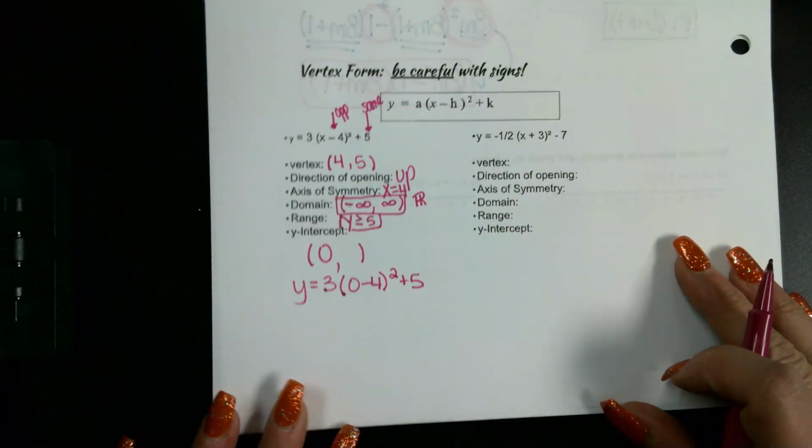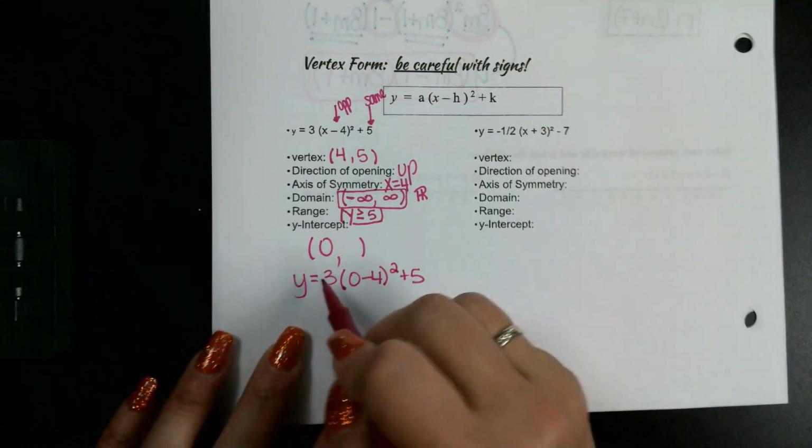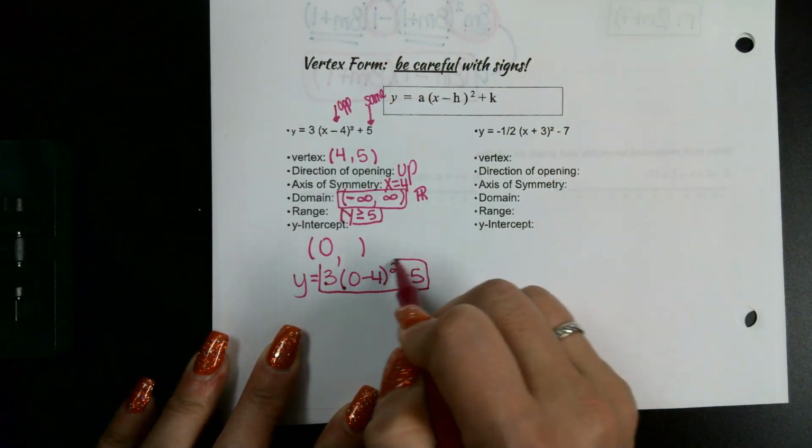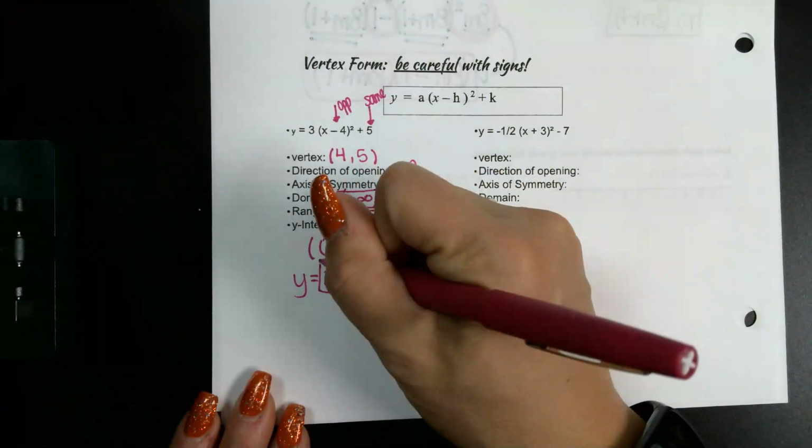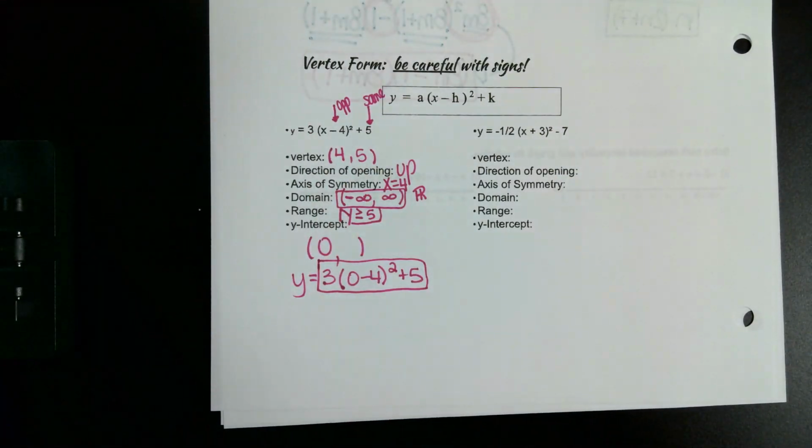Now if you actually grabbed a calculator like I told you to, you can type this whole thing in at once. There is no reason to type that in as pieces. Just put the 3, put your parentheses, 0 minus 4, close it, then use the squared button, and then plus 5. Let the calculator do all the work.